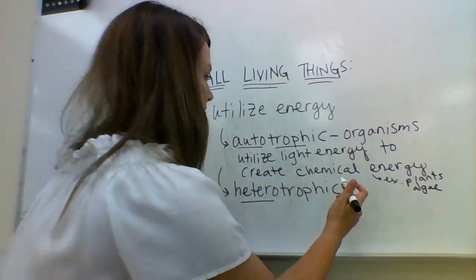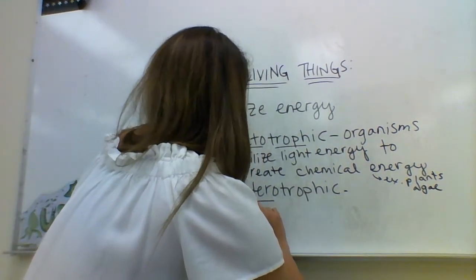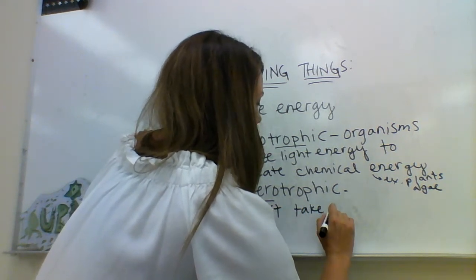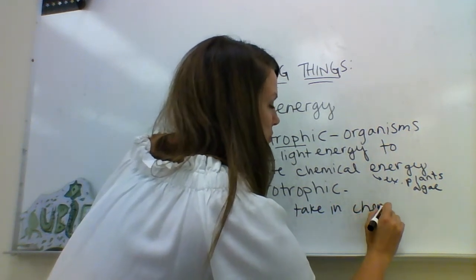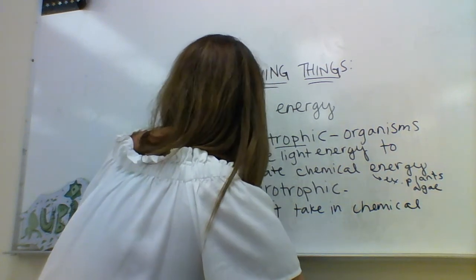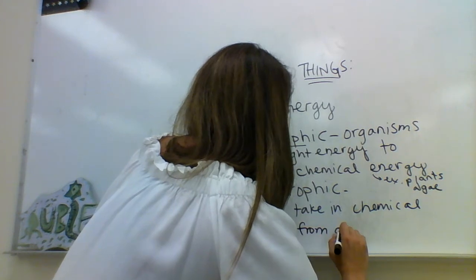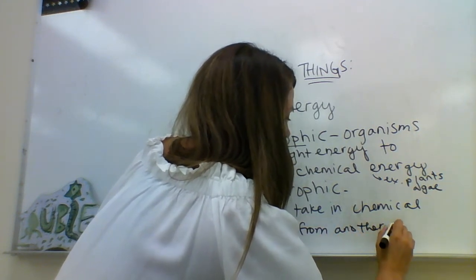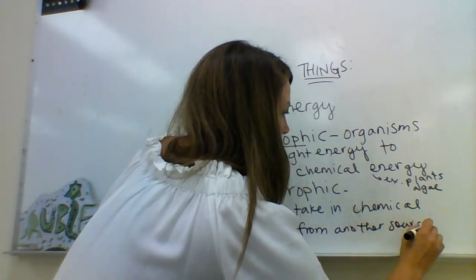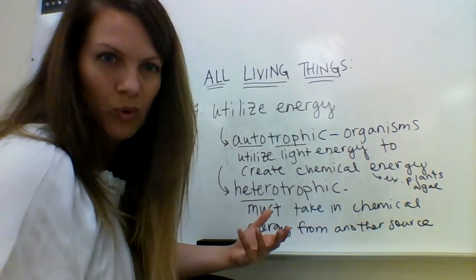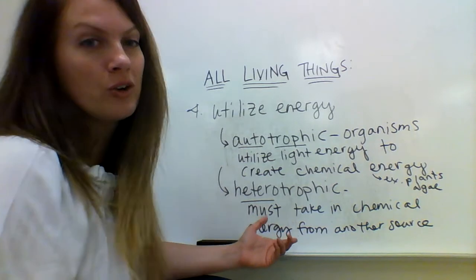Heterotrophs are different. Heterotrophs must take in their chemical energy from another source. You can think of this as eating. These organisms have to eat in some way. So animals are clearly heterotrophic.